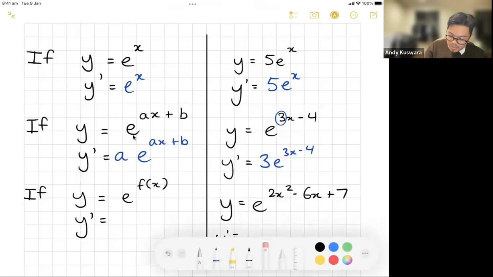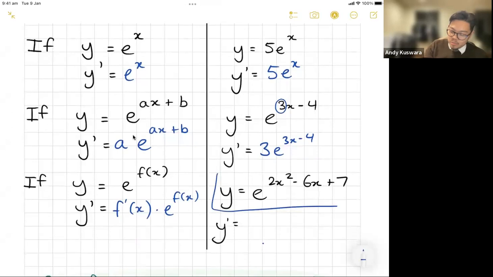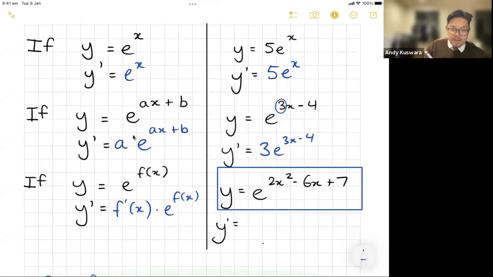Now this is the one that you're going to get in your reference sheet. If I have e to some sort of function of x, kind of like this one here, but this is a more generalized version, what you get is the derivative of f(x), and then you multiply it by the original, which is just e to the f(x). That allows us to do these more complicated ones where I've got some sort of fancy function.